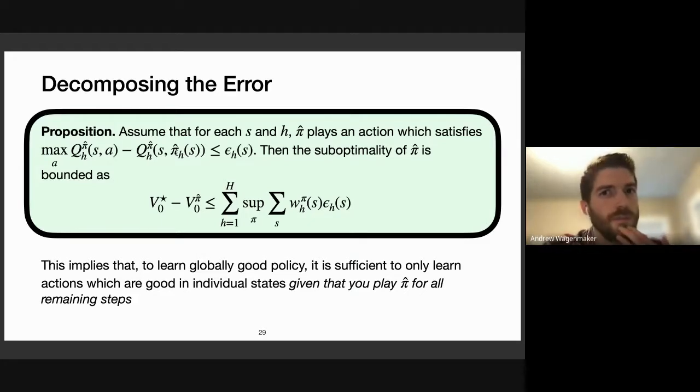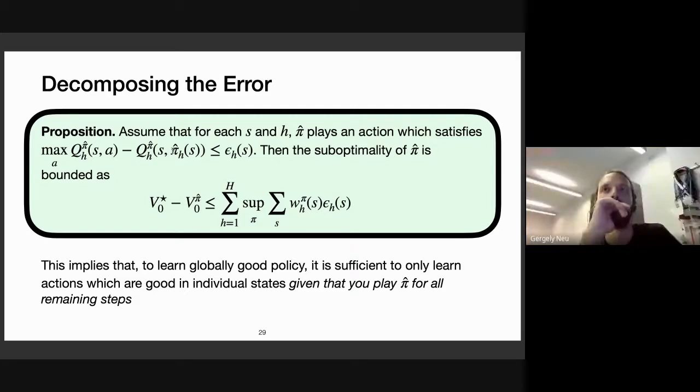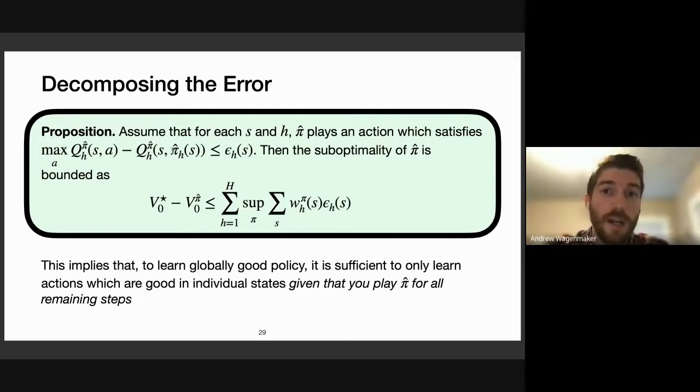So basically, if you're playing pi hat at stage H, it's hard to quantify what the actual visitation distribution of pi hat is at the next stage, because it's just some policy. It's hard to relate pi hat to pi star. It's just some policy that is going to induce some visitation distribution at the next stage. And so we just upper bound that by the sup over all distributions.